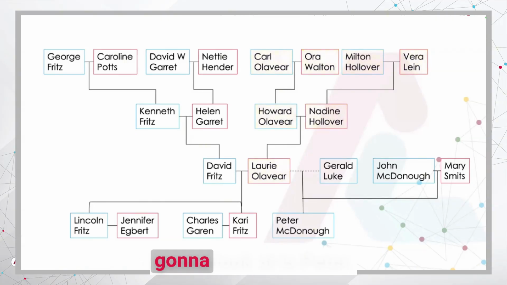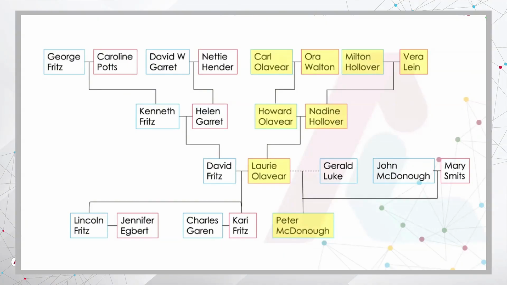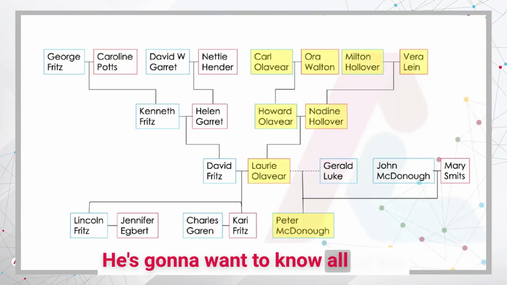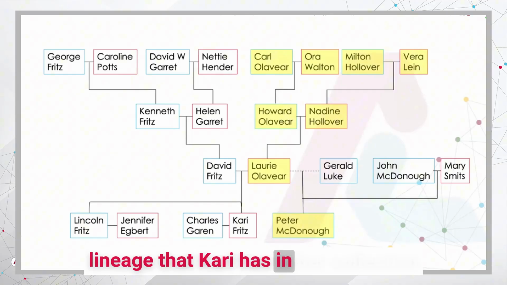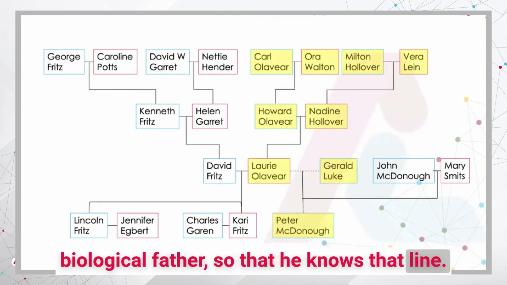The next thing that we're going to look at is Peter. Now, Peter is the biological child of Lori and Gerald. He's going to want to know all of the lineage that Carrie has in her collection that has to do with his maternal line. Then he's going to want his father, his biological father, so that he knows that line.